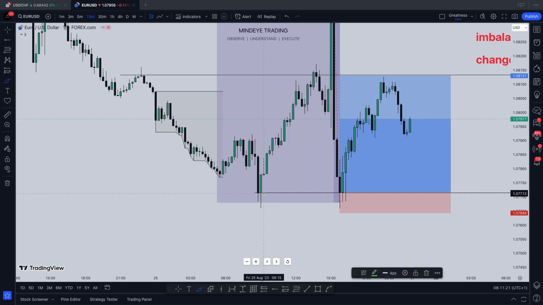Now, this is the open of this bullish candle, and the open of the third candle. What did you notice? There is a space between the open of this bullish candle and the open of the third candle. This candle 1, this candle 2, this candle 3. So the space between the open of this candle and the open of the third candle is an imbalance.